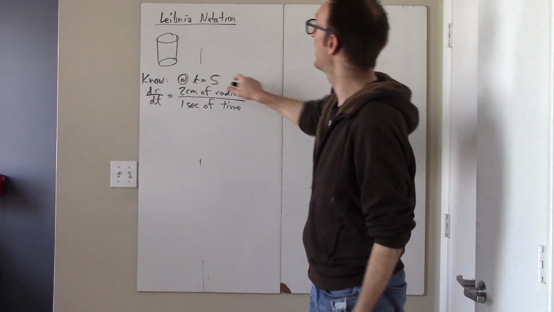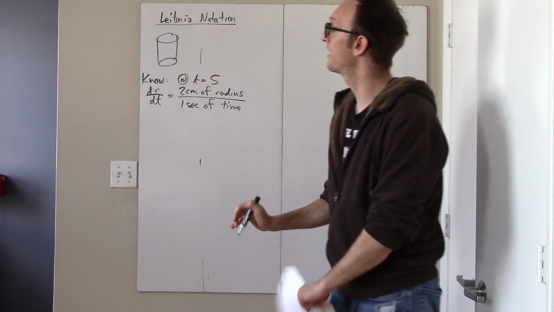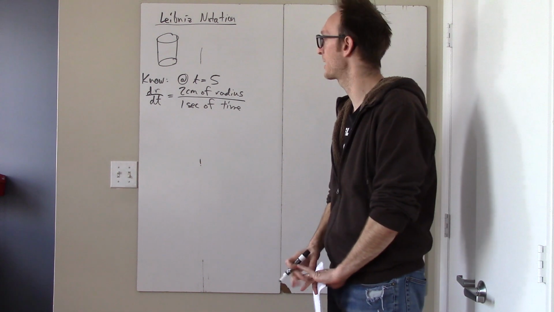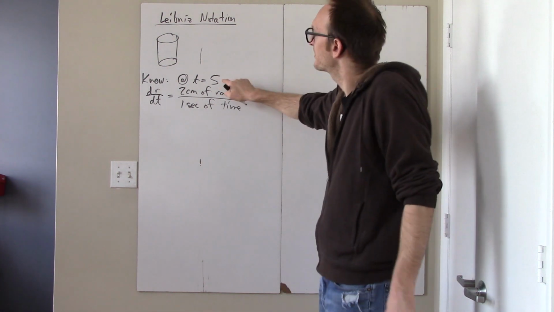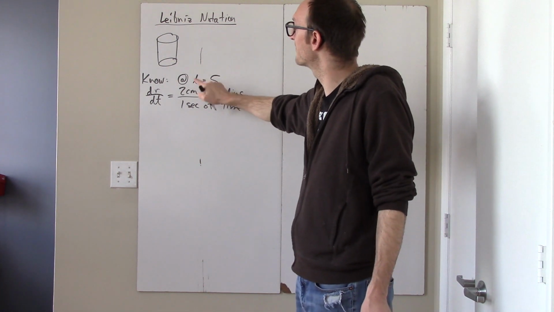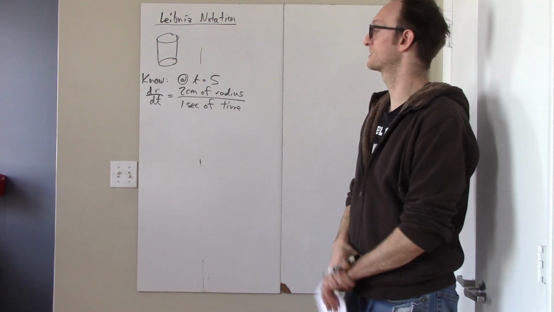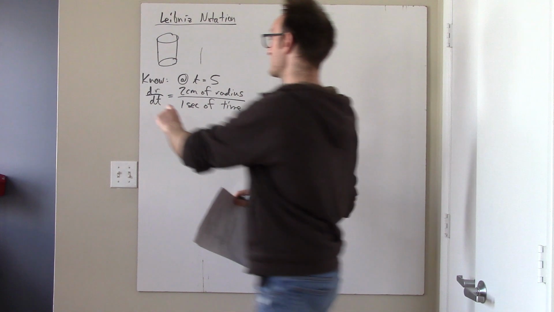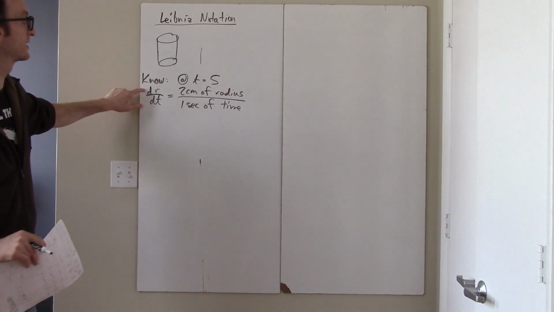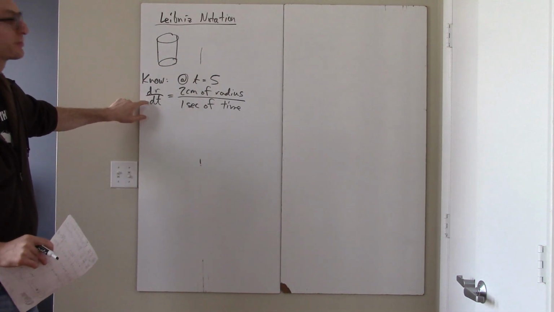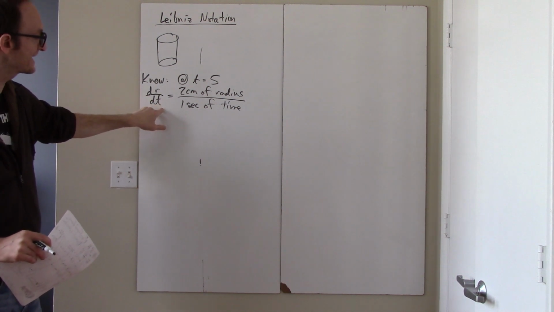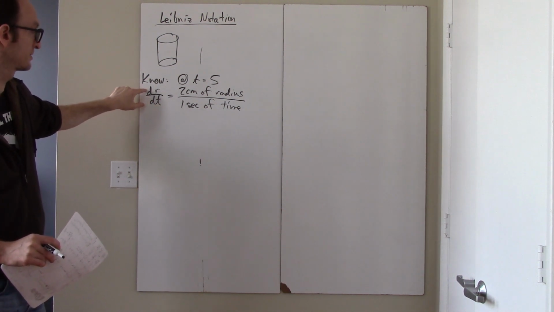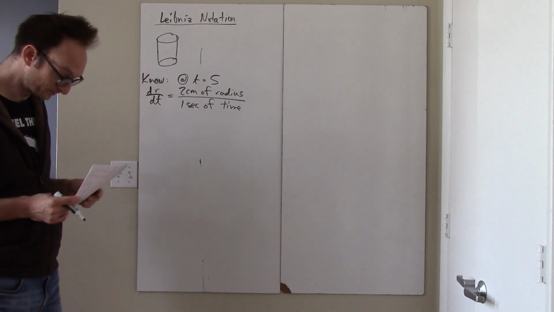I don't know if this cylinder is growing at a constant rate or not, but I'll just tell you that at this particular moment, at time 5, this is the rate at which the cylinder is growing. Okay, I think that's pretty clear, and that's what dr dt means, right? It's the rate of change of the radius with respect to time. So for a tiny second of time, the change in the radius that we would expect is 2.